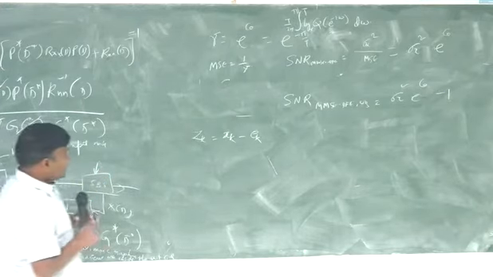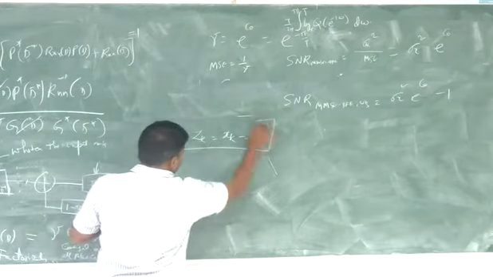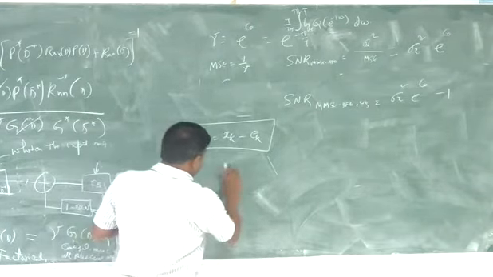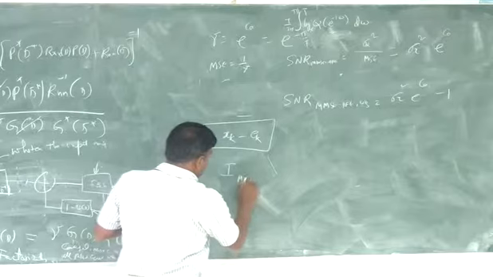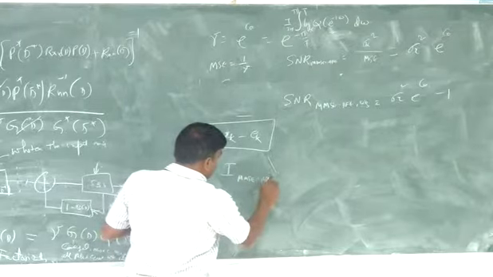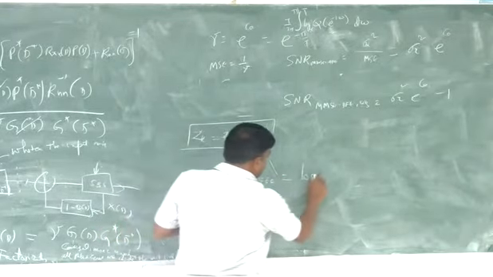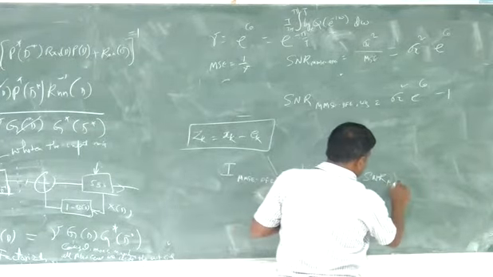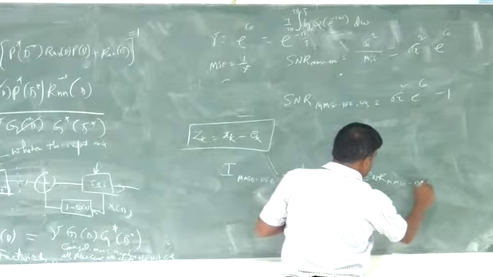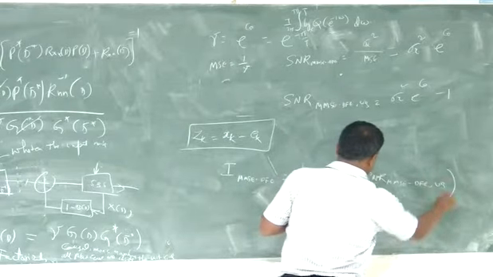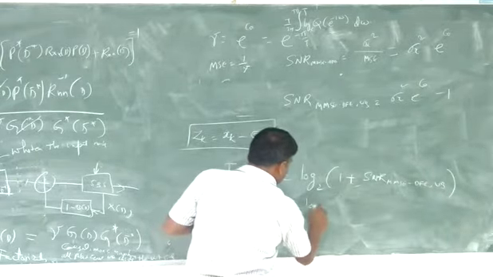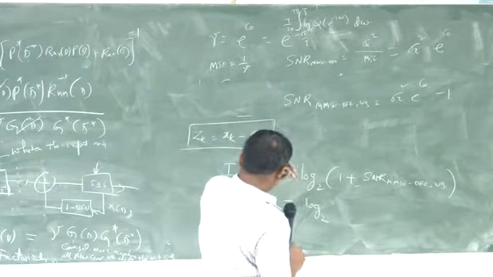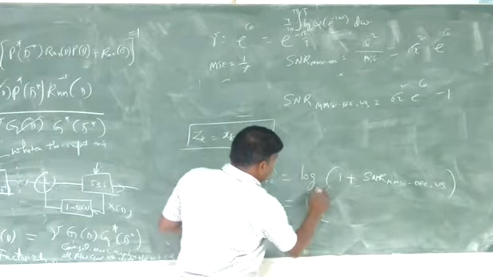Nevertheless, the mutual information for this system model, that is the MMSE DFE receiver, I of MMSE DFE is equal to log base 2 of 1 plus SNR of MMSE DFE unbiased, and that is equal to log, well, let's put it base e for convenience.